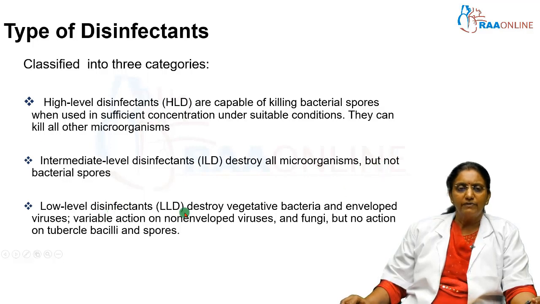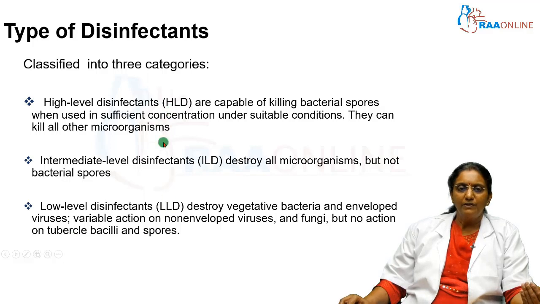And low level disinfectants are much less effective. They destroy the vegetative forms of bacteria. They can destroy enveloped viruses, but the action on non-enveloped viruses is variable, sometimes effective, sometimes not, and also on fungi. But they do not have any action on TB bacteria, that is Mycobacterium tuberculosis, and on spores.